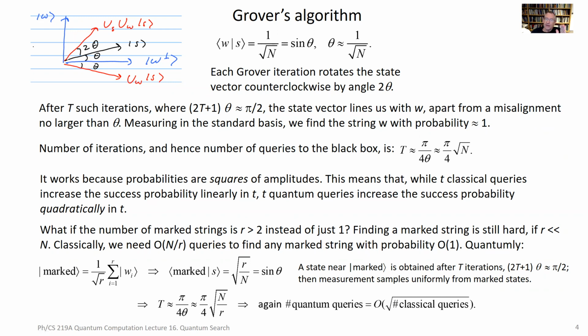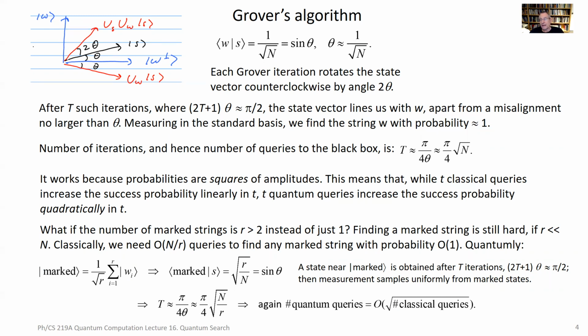And when we stop, we'll choose T in such a way that the angle between the resulting vector after all those iterations and W is something of order 1 over square root of n, because since we rotate 2 theta every time, we'll always be able to make that angle no larger than theta, because successive orientations are only 2 theta apart.